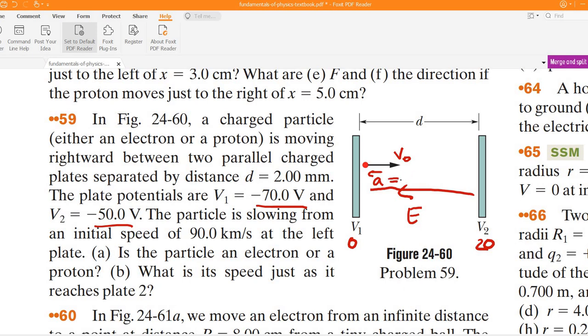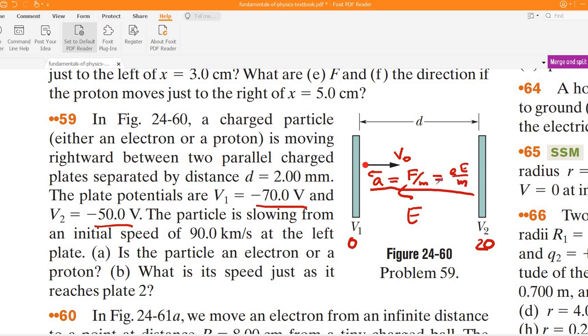And the acceleration is force divided by mass. But force is charge, either it's electron's charge or proton's charge, right? And then E divided by m.